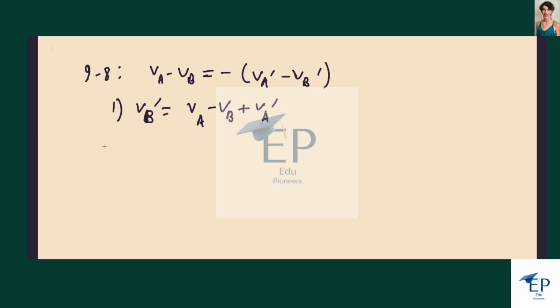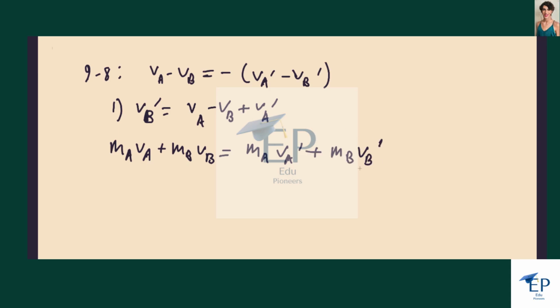And so we plug that into the momentum conservation equation, which is MAVA plus MBVB, initial momenta, is equal to final momenta, MAVA prime, assuming the masses are the same, plus MBVB prime.